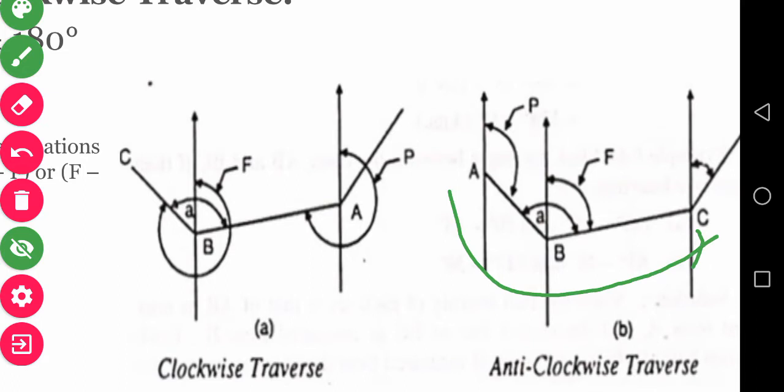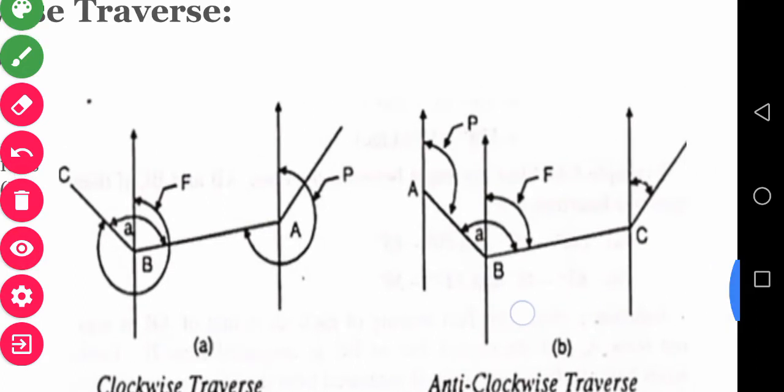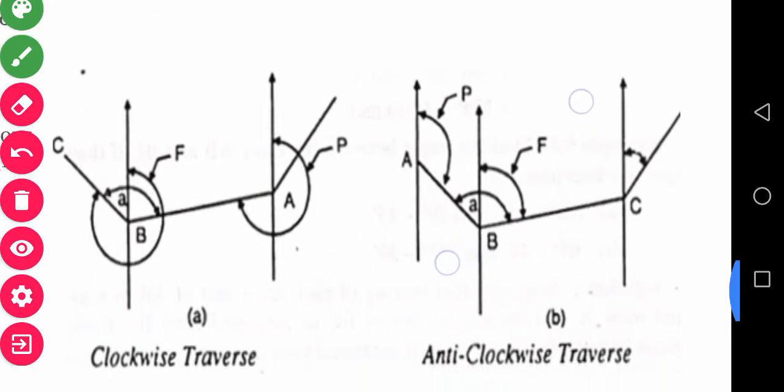This is clearly seen, A, B and C. Here also, to find this angle A, as this P, the forward bearing for AB, is given, and the forward bearing for BC, this F, is also given, by the diagram we can easily find this angle A. As we did with the clockwise traverse, we do a similar thing for the anti-clockwise traverse, and easily find angle A without using a formula.